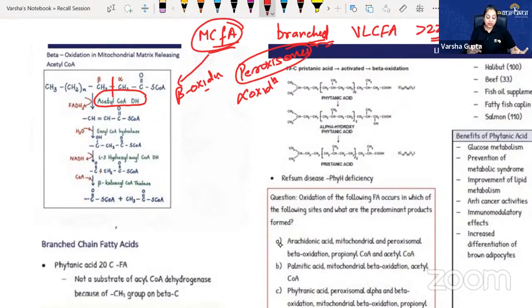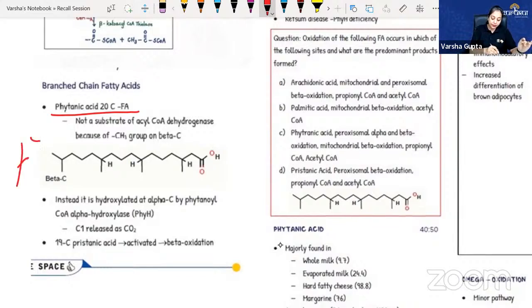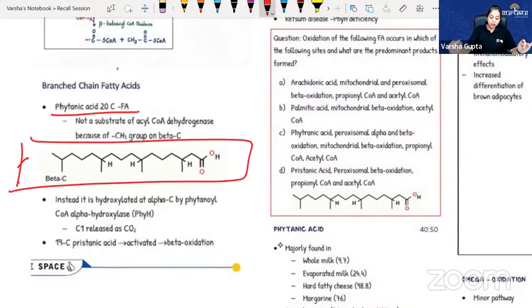Branched chain fatty acid, the example we have learned about is the phytanic acid, which was the 20 carbon fatty acid, and this is how it looks like, right? From the notes, that is phytanic acid. So first it is taken down in the peroxisome, and then there is an enzyme which removes the methyl group, which is acting as a branch, so that it is kind of a linear thing.